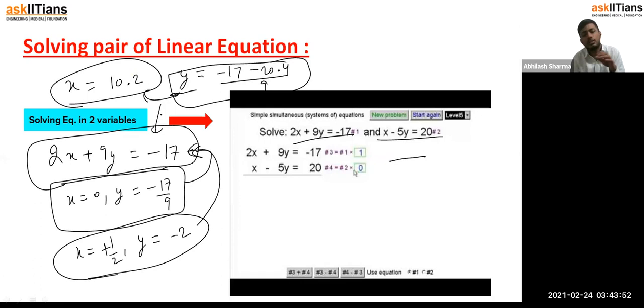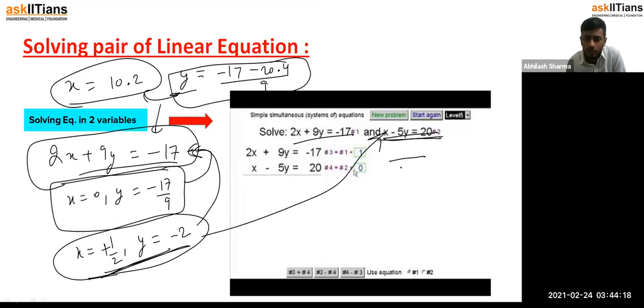So what we are saying is that if there are two variables but only one equation, then there will be infinitely many solutions. But if there is another equation which is also to be satisfied, then there will not be infinite solutions. For example, in this case, clearly this satisfies this equation, right? But does this also satisfy this equation? No. If you put x equal to half and y equal to minus 2 here, are you getting 20?